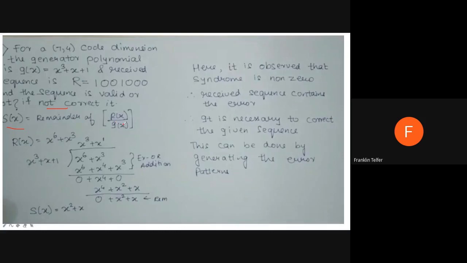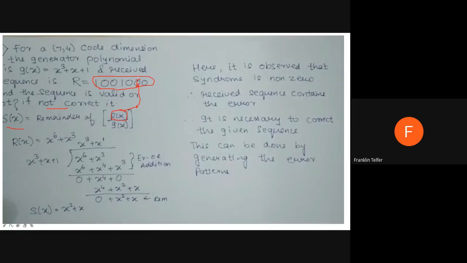This is the received sequence, which is already given. So you have to convert that to a polynomial function. You get it as x power 6 plus x power 3. How do you get it? I already told you that these positions are x power 6, x power 4, x power 3, x power 2.